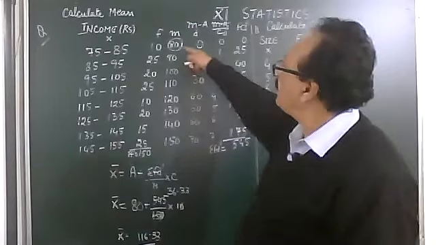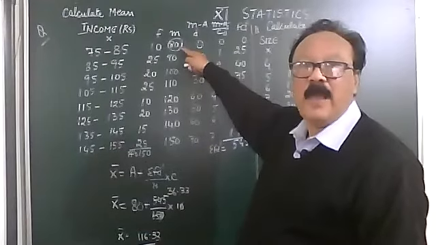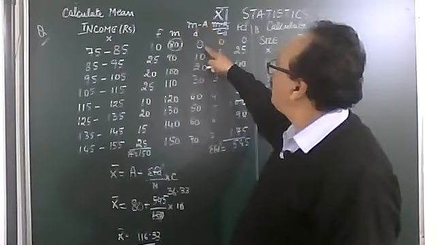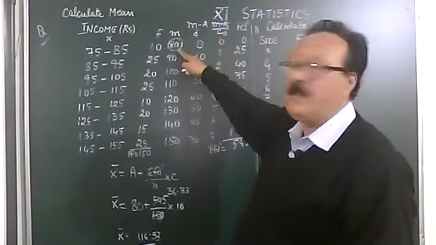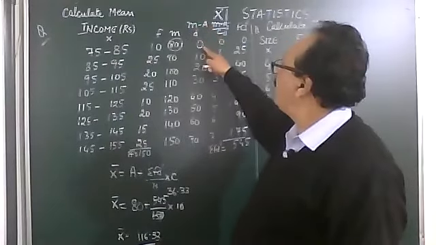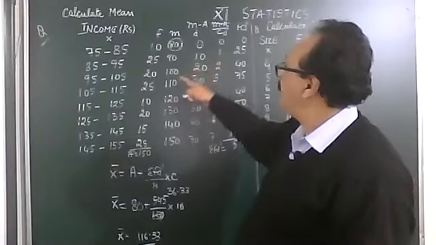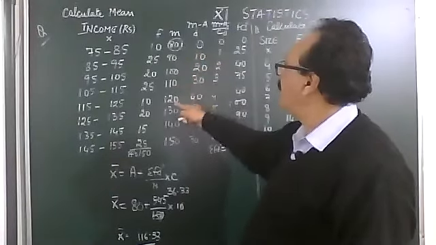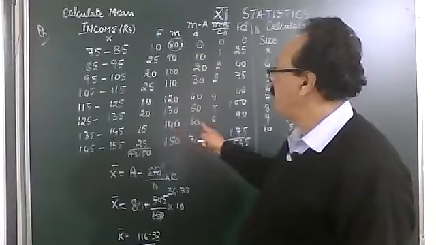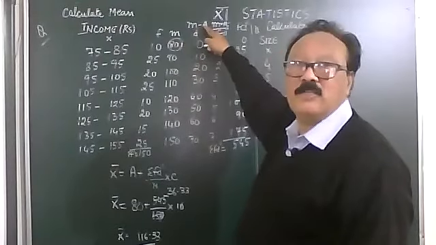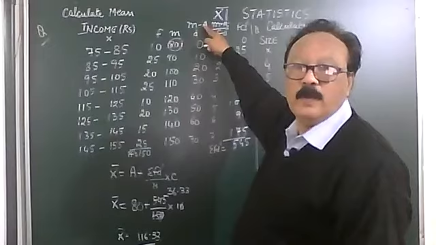So the shortcut is to assume the smallest value, and from there you find the deviation, that is midpoint minus the assumed. Here we assume 80: 80 minus 80 is 0, 90 minus 80 is plus 10, 20, 30, 40, 50, 60 and 70. That is midpoint minus the assumed value, isn't it?